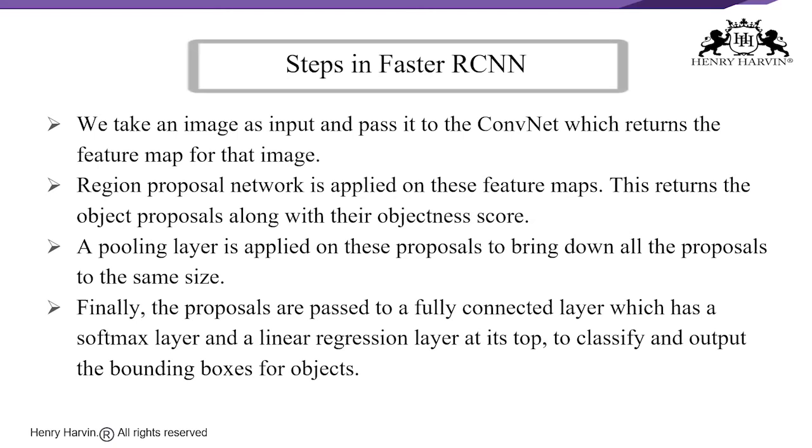This returns the object proposals along with their objectness score. Then a pooling layer is applied on these proposals to bring all the proposals down to the same size. And then the proposals are passed to a fully connected layer, which has a softmax layer and a linear regression layer at its top, so that it can classify and output the bounding boxes for objects.